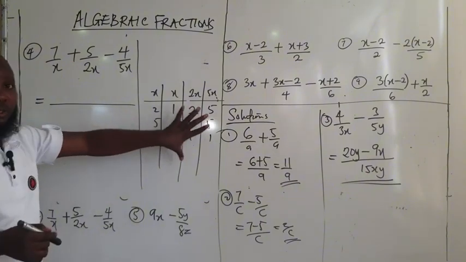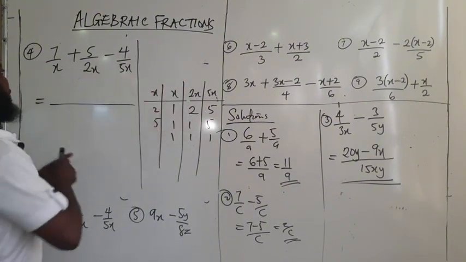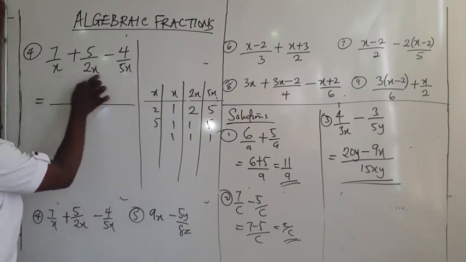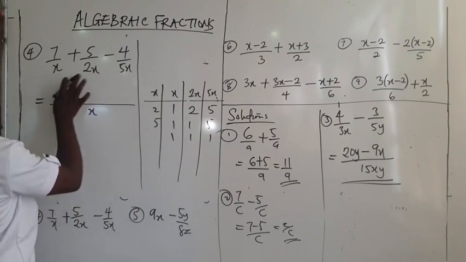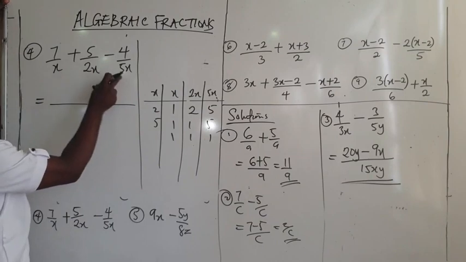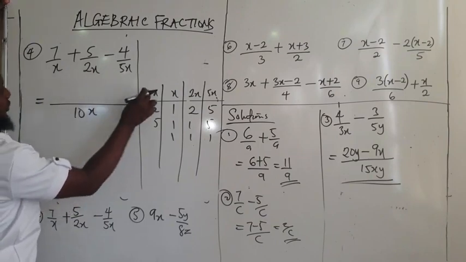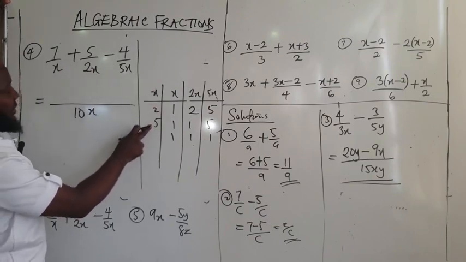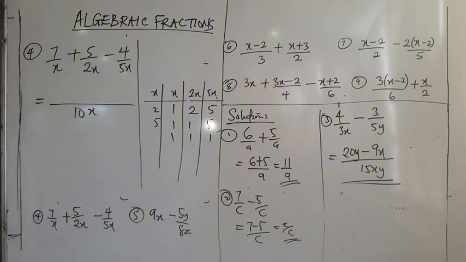I just want you to see it so that by the time we do it, you understand. So what is common is x. Then the numbers we have there, 2 and 5, cannot go into each other, so multiply them: 2 times 5 is 10. So it is 10x. Is that clear?